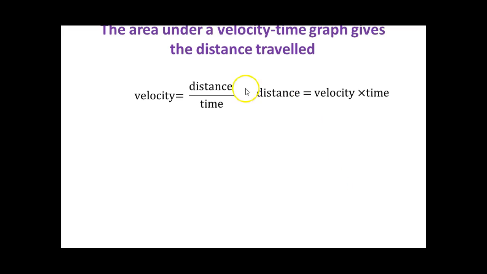If we rearrange this equation and solve for the distance, so here distance has been divided by time, so to undo this relationship we multiply both sides by time. If we rewrite this, we come up with the equation that distance is the velocity times the time.